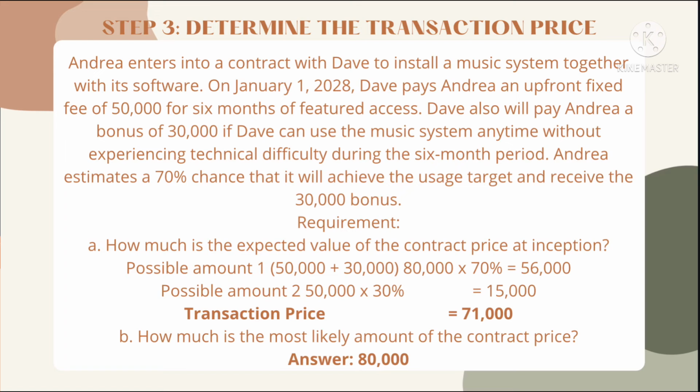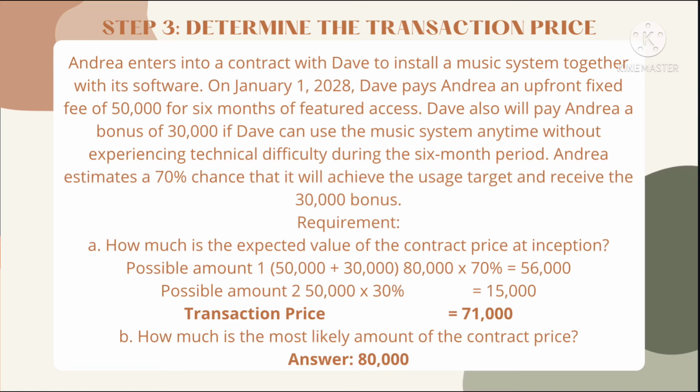Yung possible amount 1, yung 50,000 plus 30,000 bonus with assumption na marireceive yung bonus, that's equal to 80,000. Tapos yung possible amount 2 naman is that we are not able to satisfy the condition, therefore we're not receiving a bonus. So if that's the case, the amount that we can expect from the client will only be equal to 50,000.